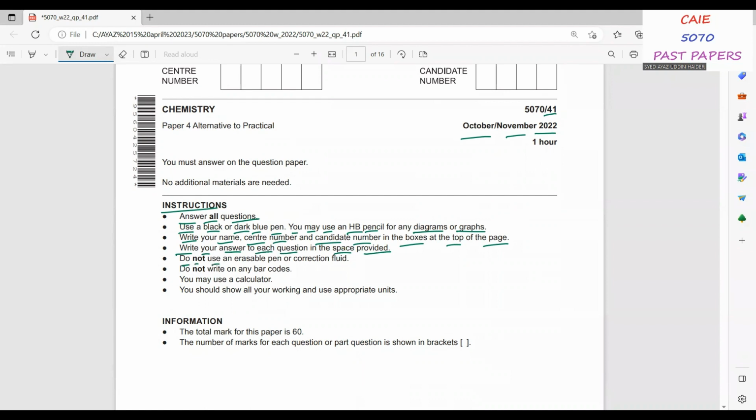Do not use an erasable pen or correction fluid. Do not write on any barcodes. You may use a calculator. You should show all your working and use appropriate units. Information: the total mark for this paper is 60. The number of marks for each question or part question is shown in brackets.